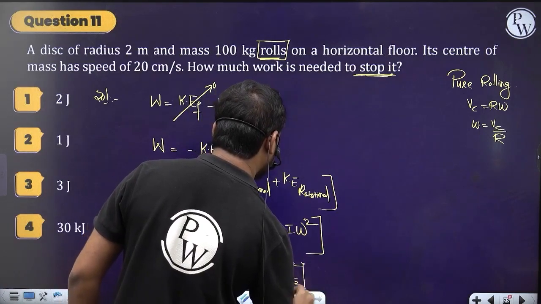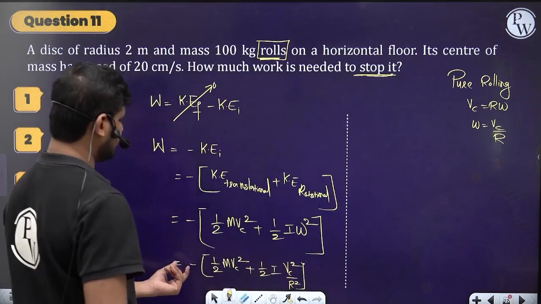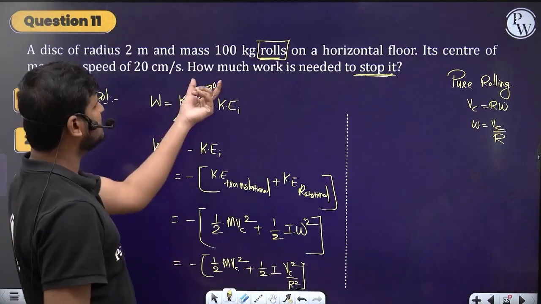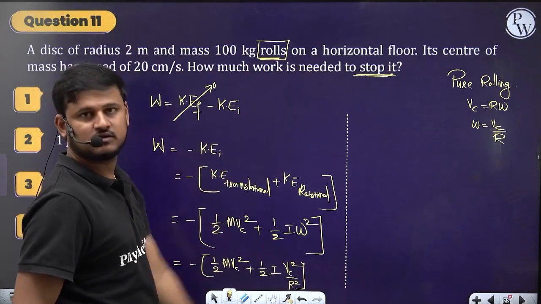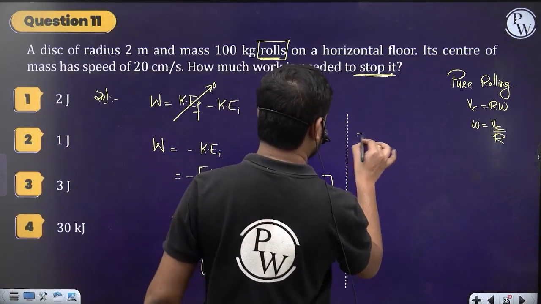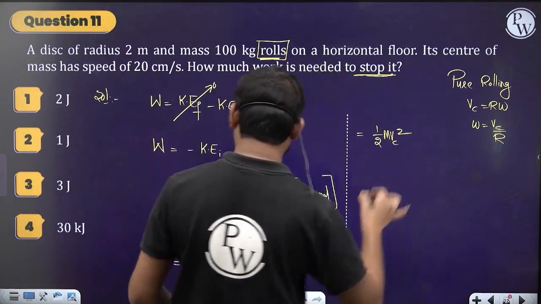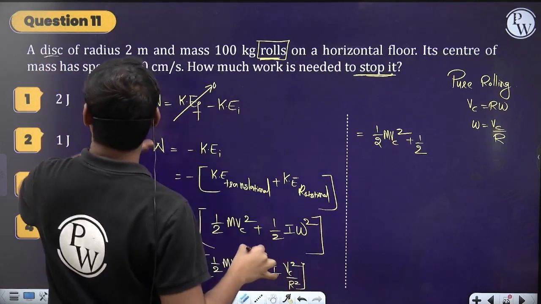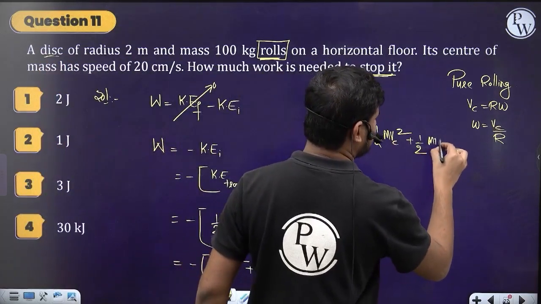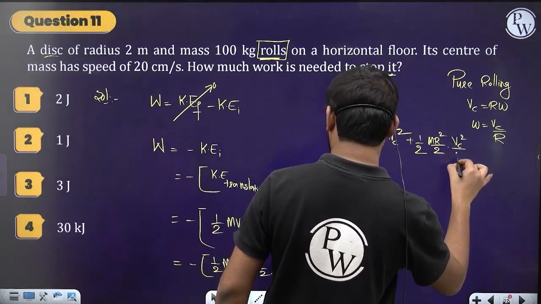So let's do the simple calculations. You can keep this negative sign or take it off, because the work is going to be negative since you are stopping. So here half m vc square, I'll keep the negative sign at the end, plus half I. What is the moment of inertia? For the disc it is m r square by 2, into vc square by r square.